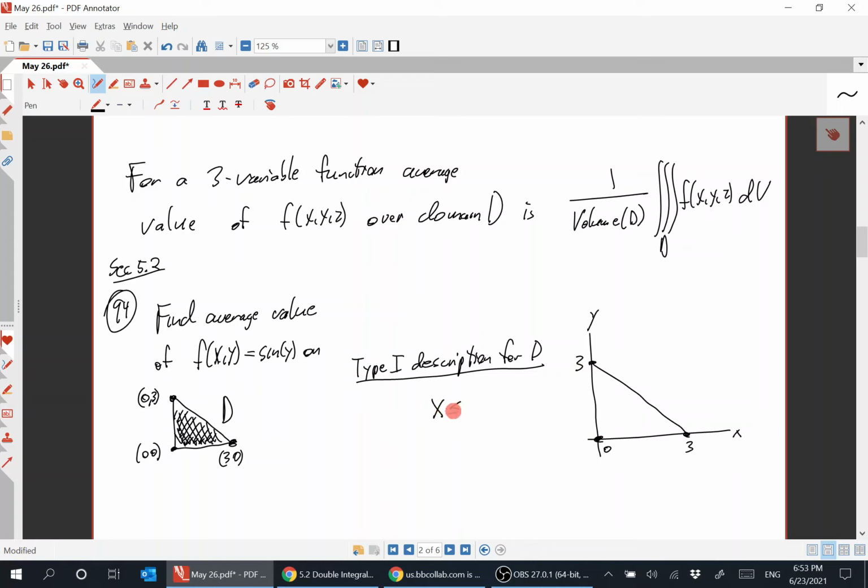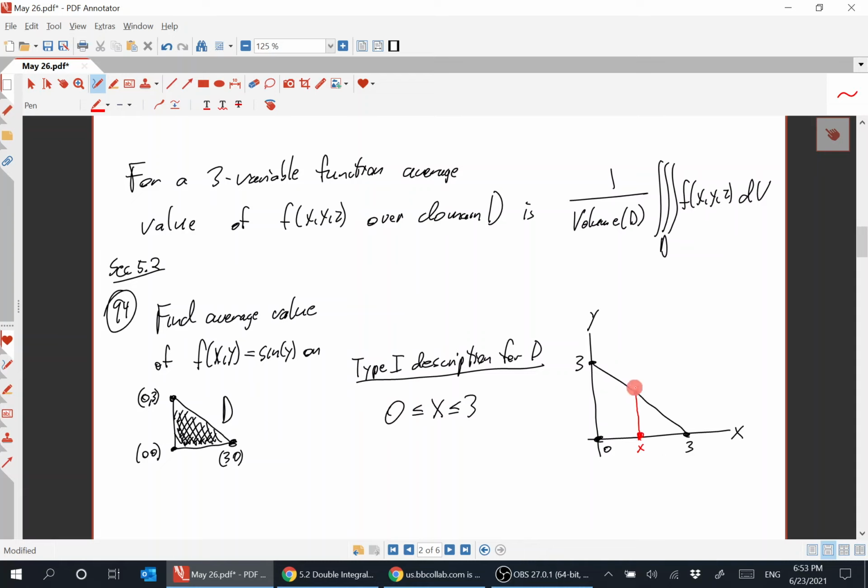Okay, so what are the constant bounds for x on D here? 0 and 3. 0 to 3. So now, if you take a value for x between 0 and 3, the boundaries for y above and below are here and here.